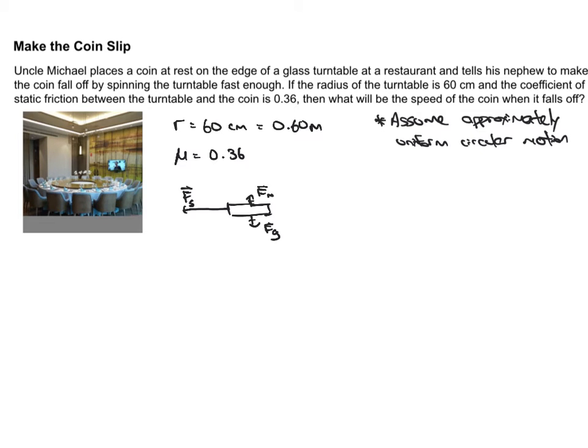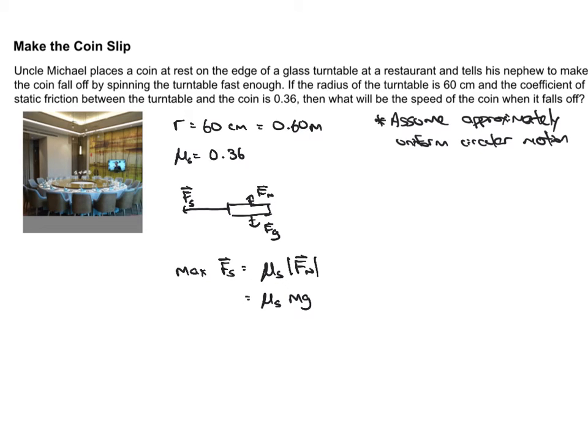So basically, since they tell us the coefficient of static friction, we can calculate what the maximum value of static friction is. That'll be mu times normal force, which is going to be mu times mg, because in this situation, the normal force is equal to the magnitude of the force of gravity.